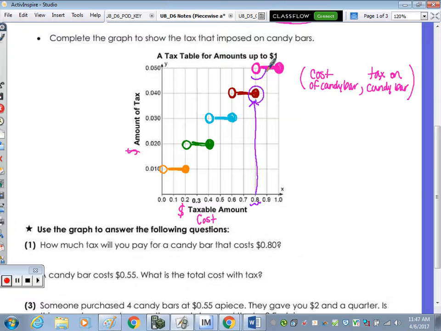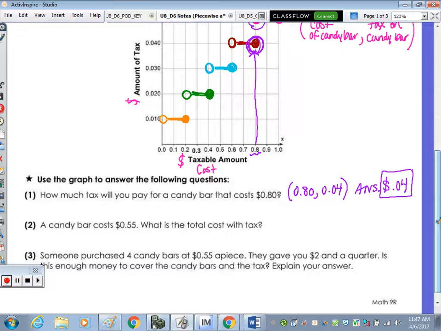You have this one here and that one, but since this one's open, this here is your answer, and you're going to pay your 4 cents in tax. You can look at it as a point, so 0.80 for x, you're going to have a y value of 0.04. So the answer, and make sure you include your unit, is 4 cents in tax.